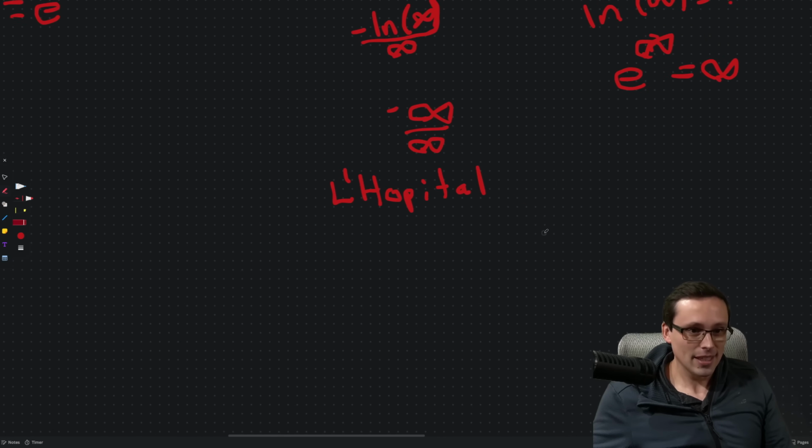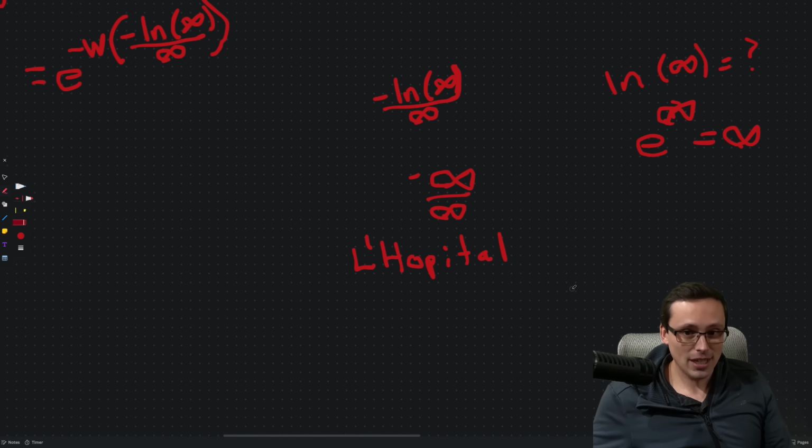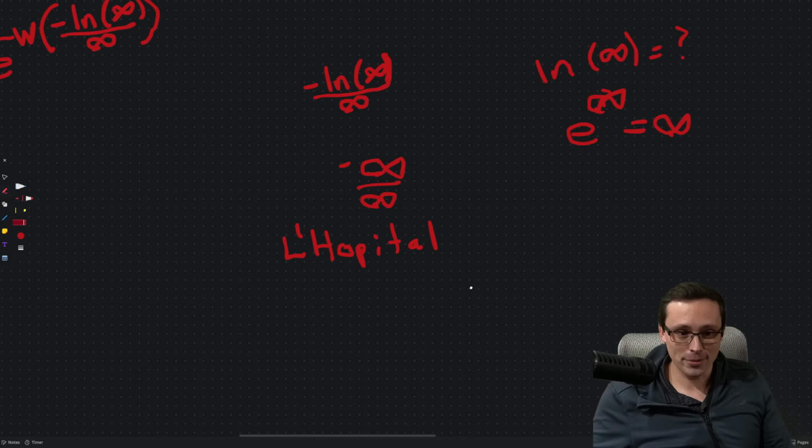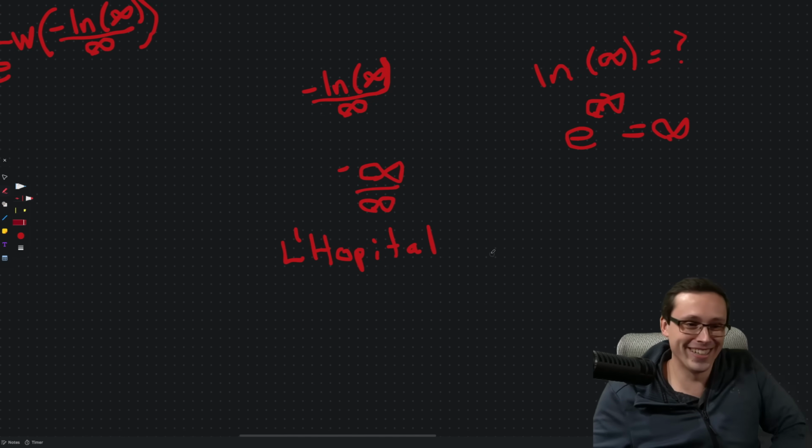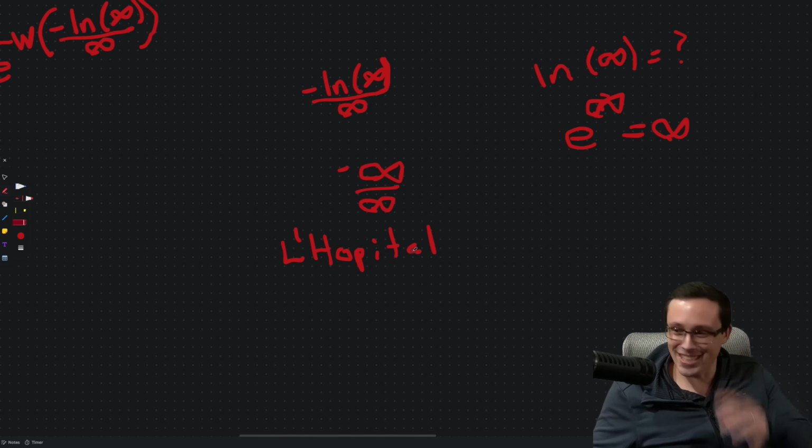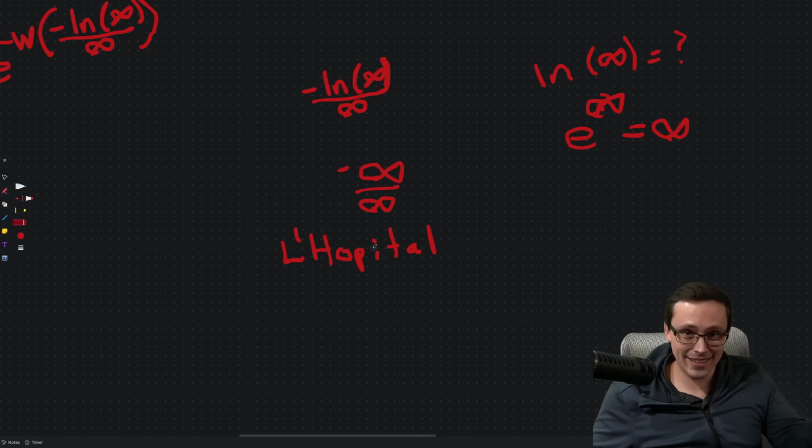The trick is I could take the derivative of the top function and the bottom function, and then I could evaluate the limits of each of them separately, and then we could look at those limits divided, and it will be the same thing. I'm not going to make this video longer by proving L'Hopital's rule, so just take my word for it. If you've taken Calculus 1, you have experienced L'Hopital's rule.